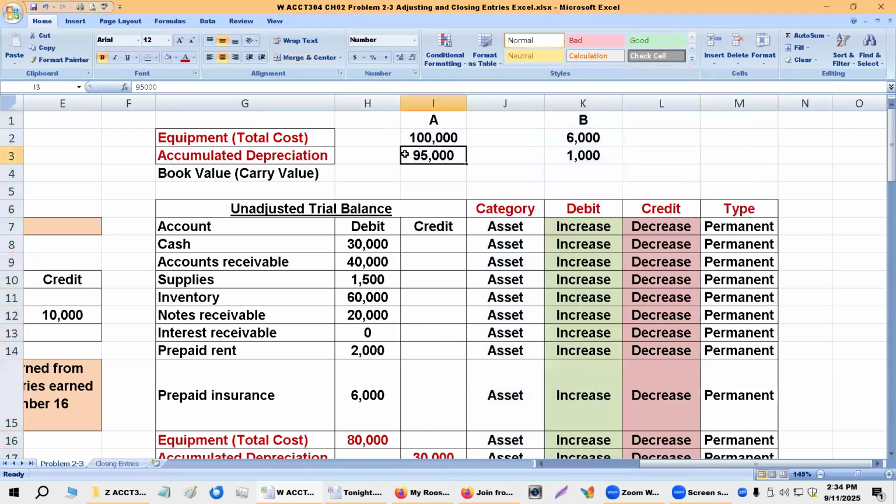Okay, so we're going to subtract out our accumulated depreciation. And so we get the carry values.